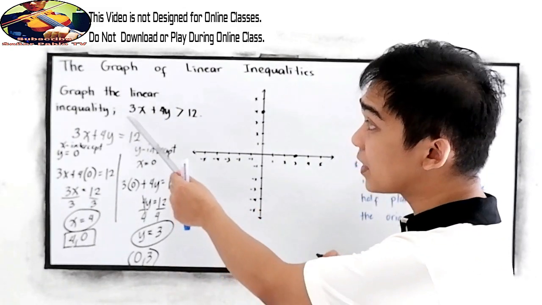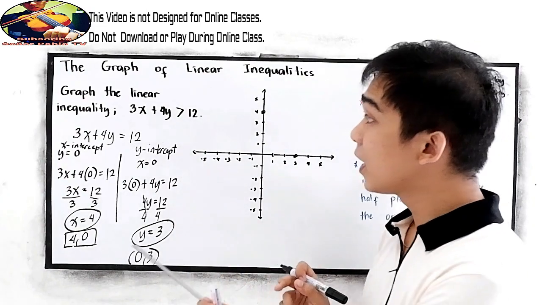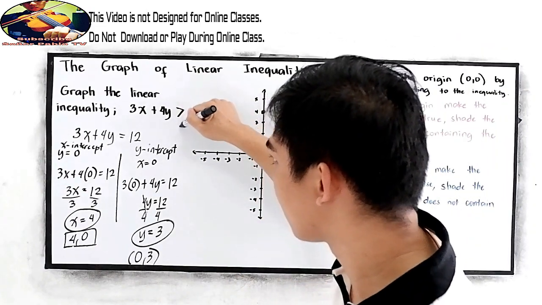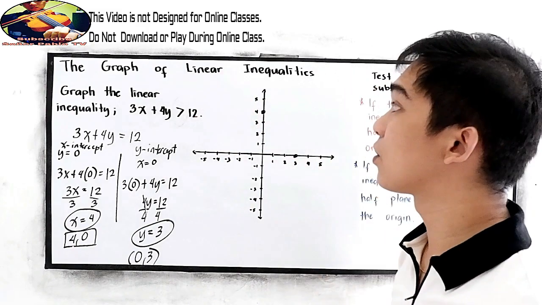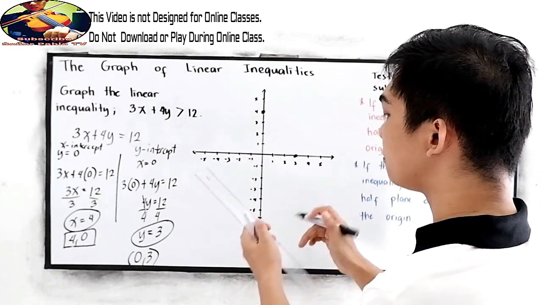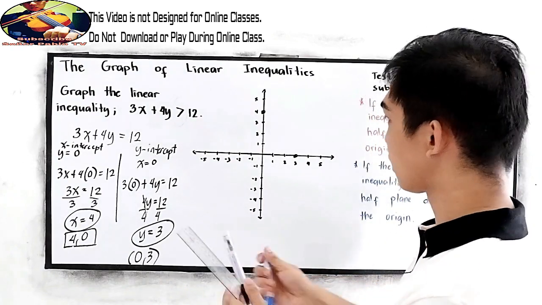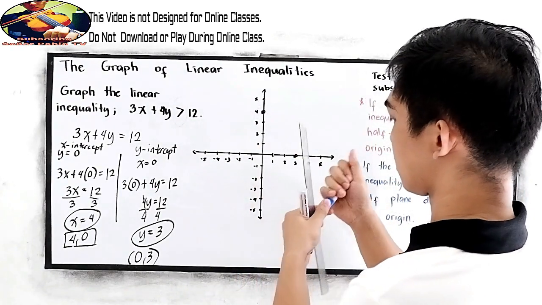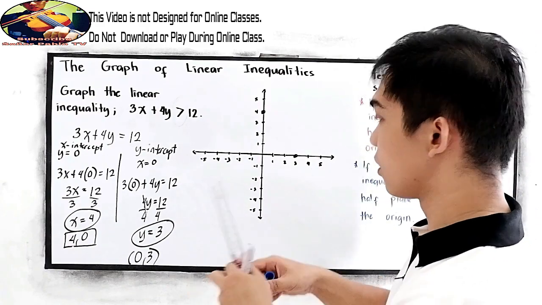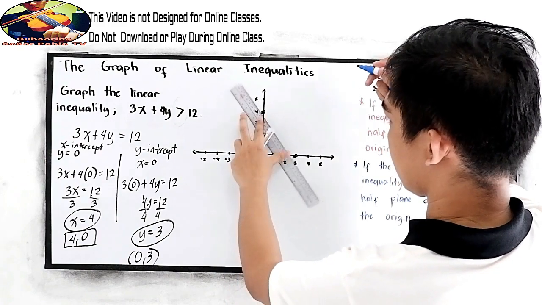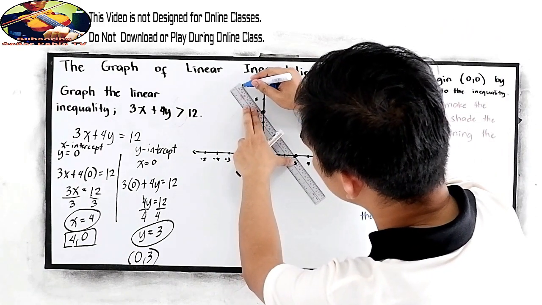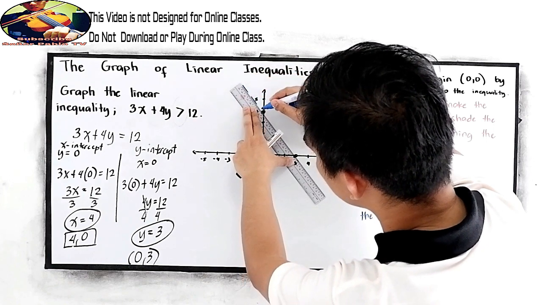But since we are in the linear inequality, and we have this symbol greater than, we're going to use the broken line for the greater than. Broken line.